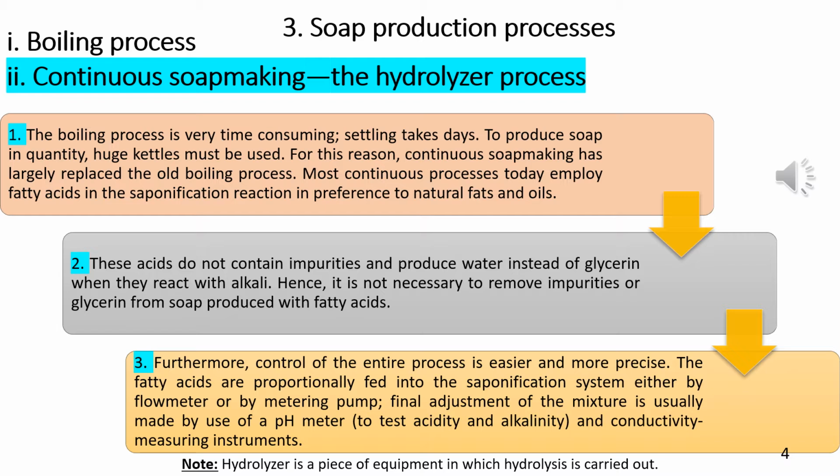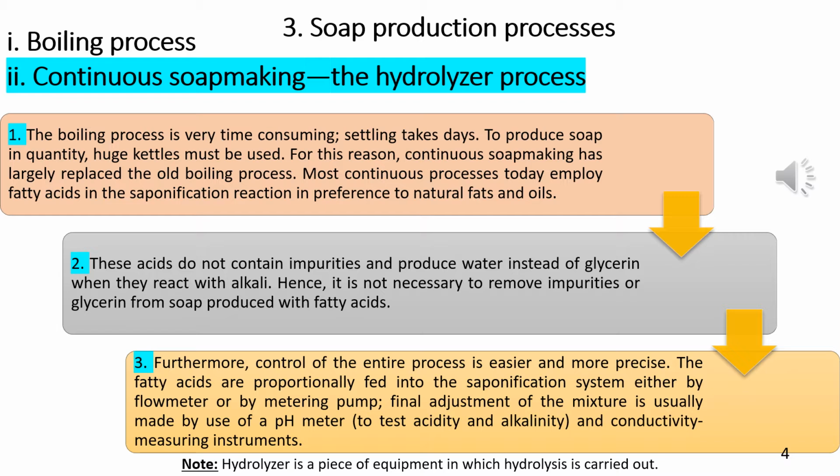So in this process, first the fatty acids are fed into the saponification system. To feed the fatty acids into the saponification system, we need a flow meter and metering pump.